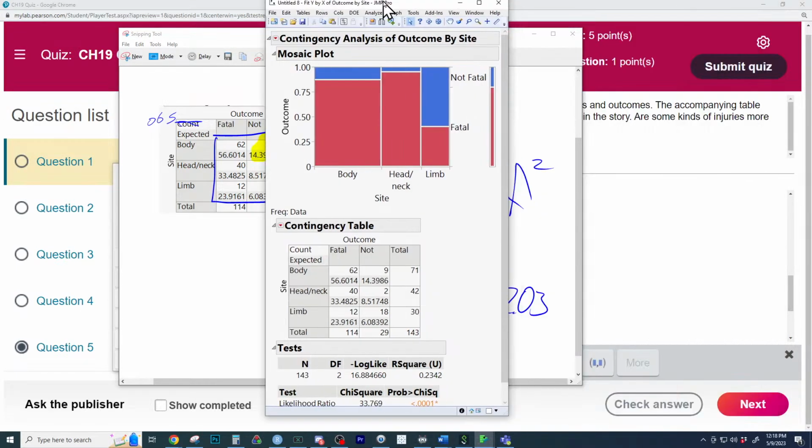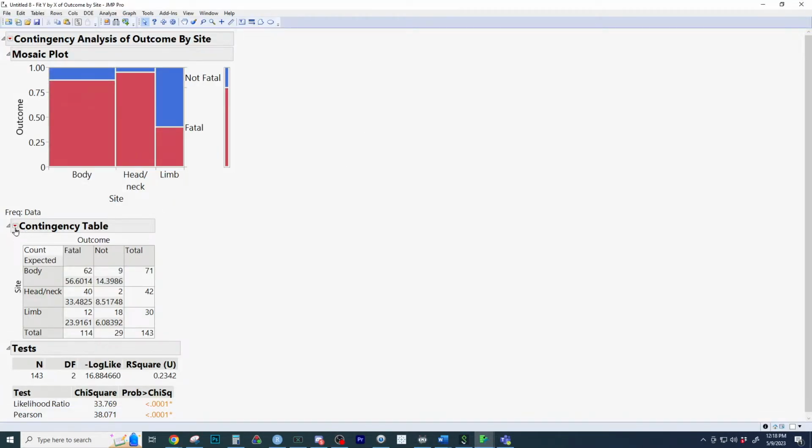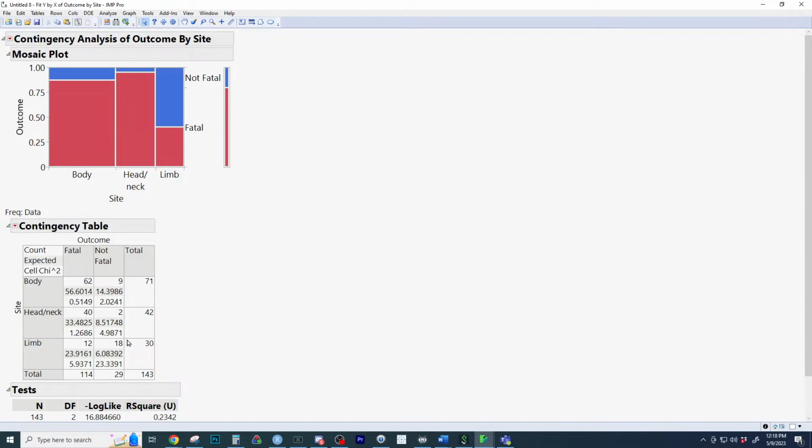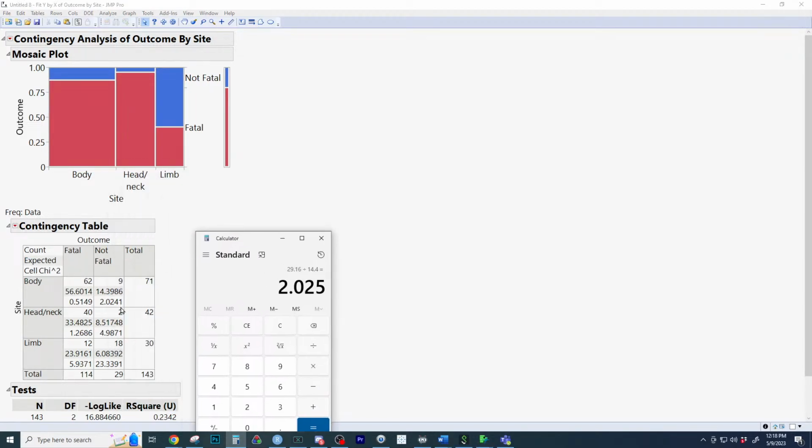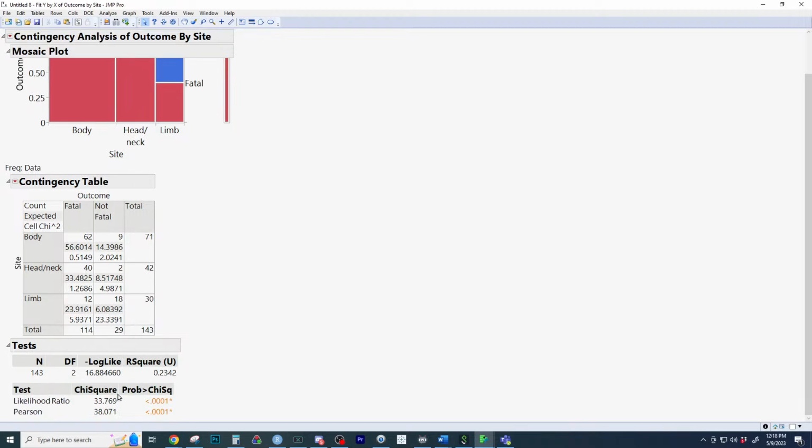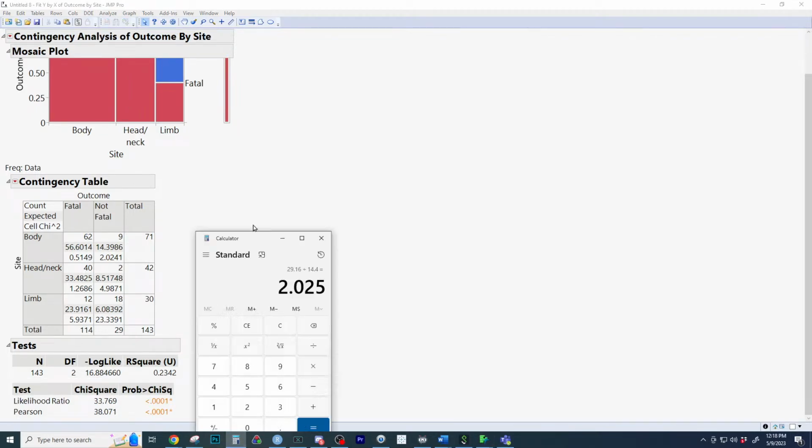And then we go over here, and we simply take and add the cell chi-squareds, and there they are right there. And there's that number we just calculated. It also carried more zeros than us, but we got pretty close with the 2.025. So once we get these numbers, we have to take every one of those numbers and add them up to get the Pearson chi-squared test statistic.